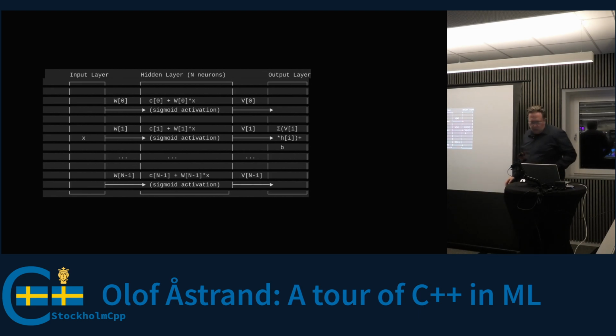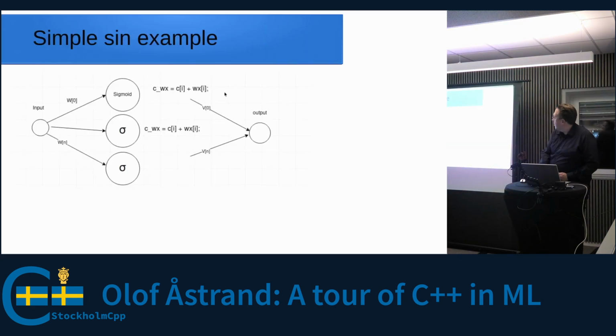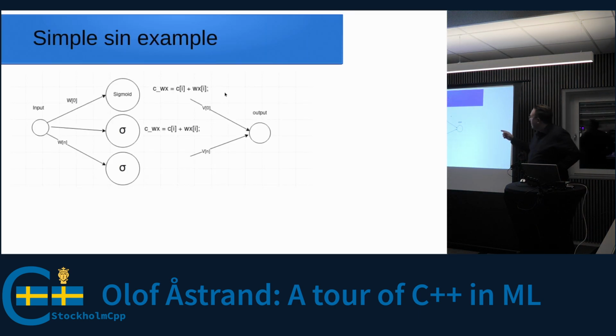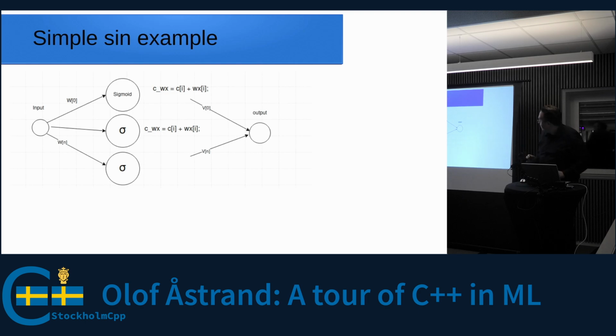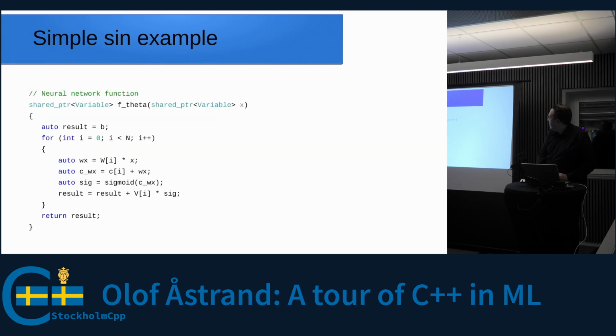So Sinus will take a single value and output a single value. It's just a simple function, but we will train the network to represent Sinus. Maybe this is a better picture. Single input, single output between 0 and 1. And it will use the sigmoid function to do the nonlinear part.